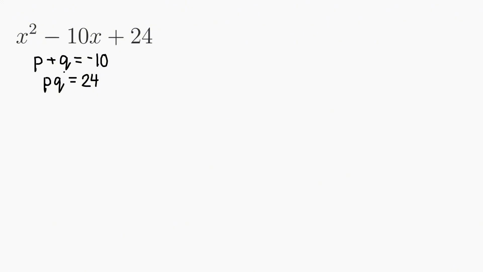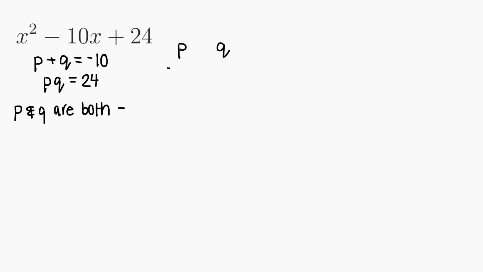The sum is going to be negative 10, which means both p and q are going to be negative, because two positive numbers are not going to give us a negative number. So p and q are both negative. Let's only look at the negative factors to save some time.